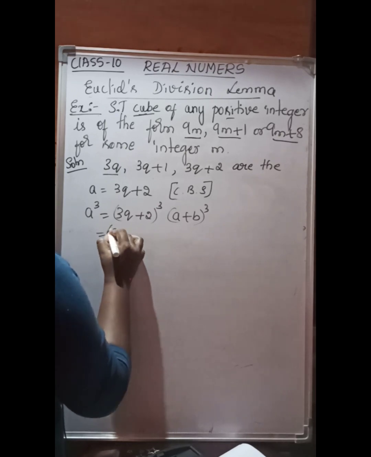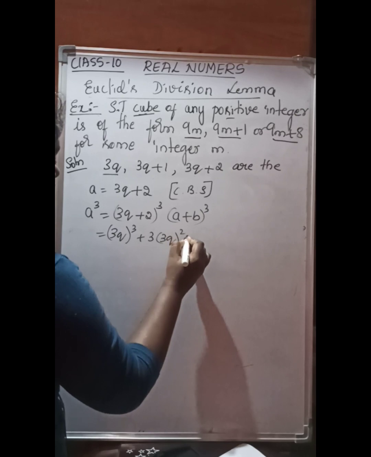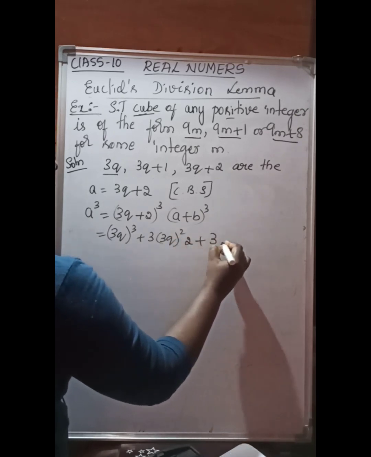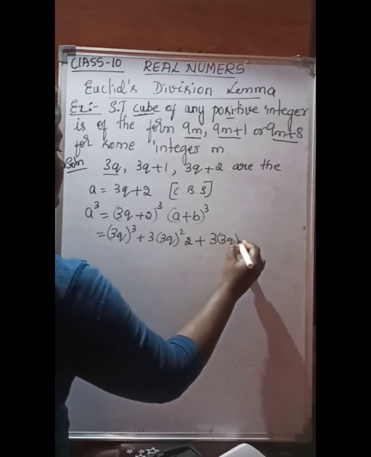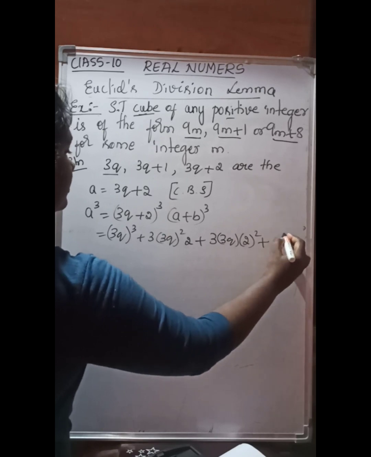So (3q) whole cube plus 3 into (3q) square into b, where b is nothing but 2, plus 3 into a, where a is nothing but 3q, into b square, which is 2 square, plus b cube, which means 2 cube.